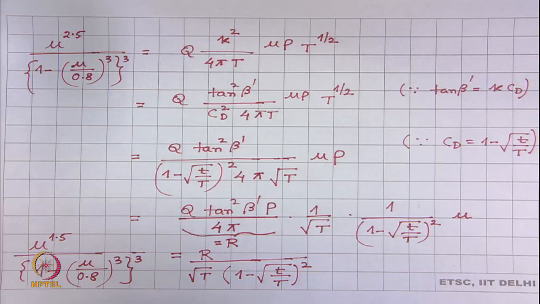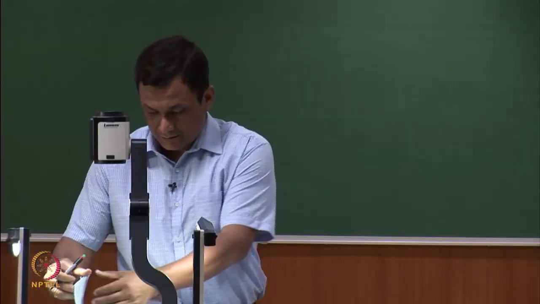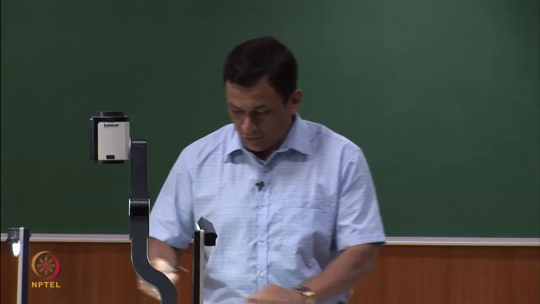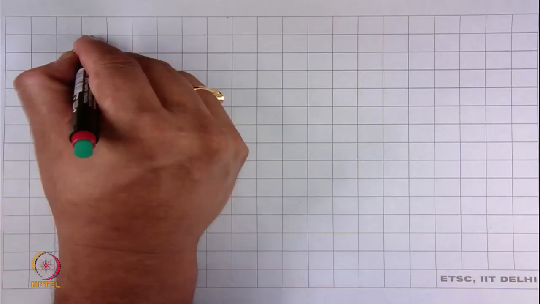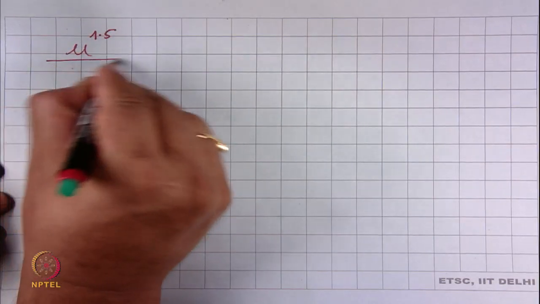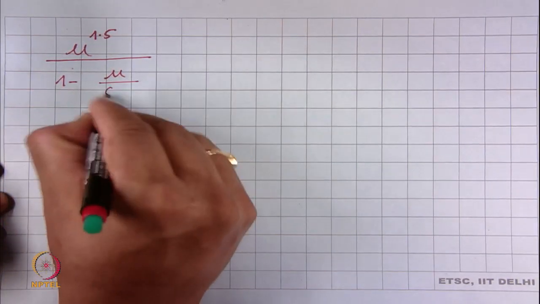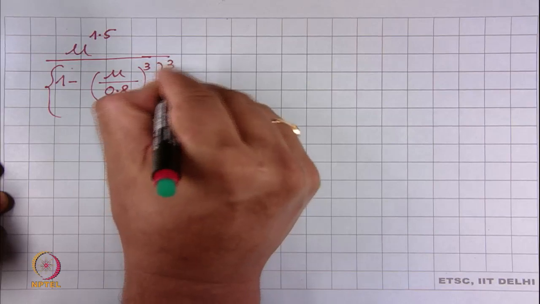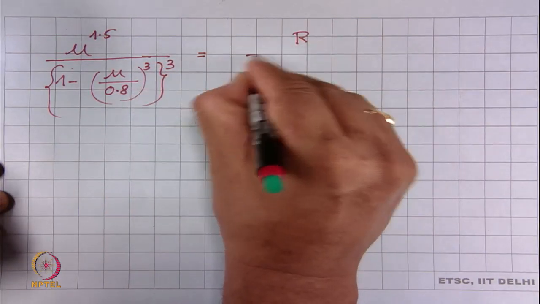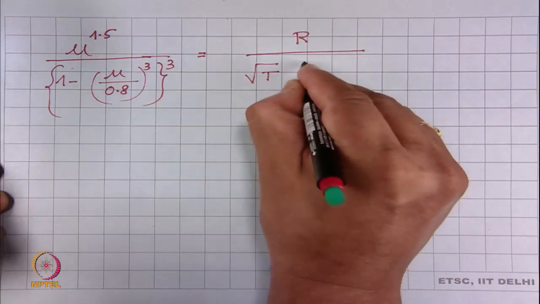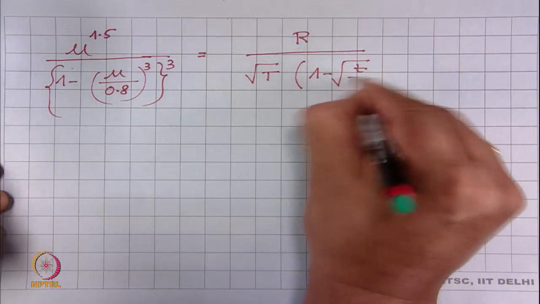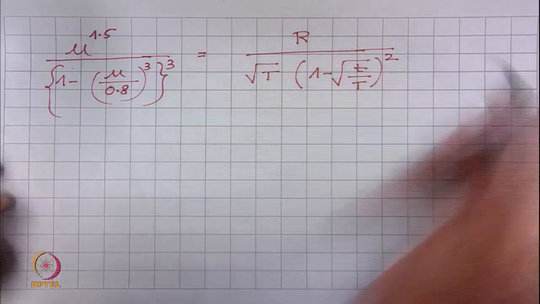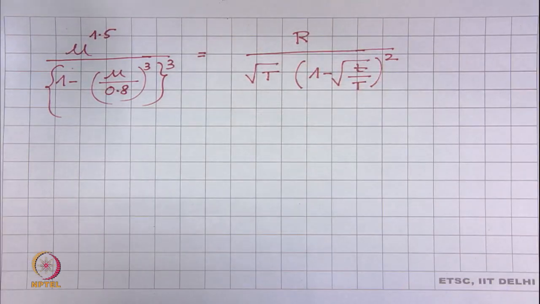So, let us write it in a nice manner. What we obtained is mu to the power 1.5 divided by 1 minus mu cube, to the whole cube, R divided by root over T into 1 minus small t by T square, right. This is another important expression.